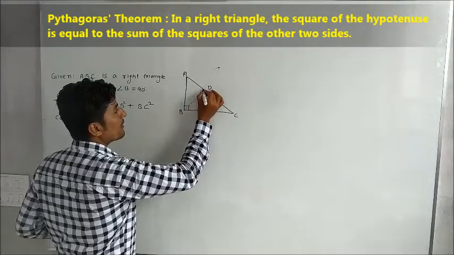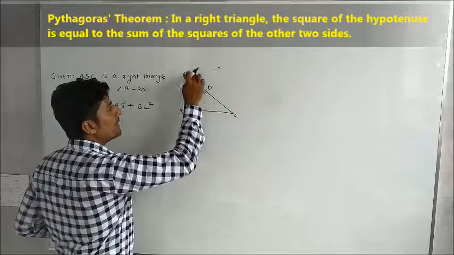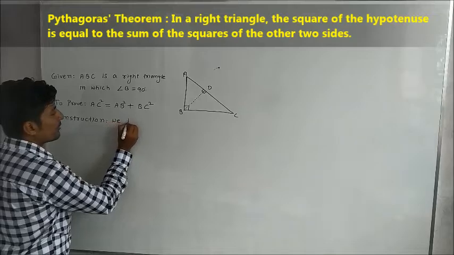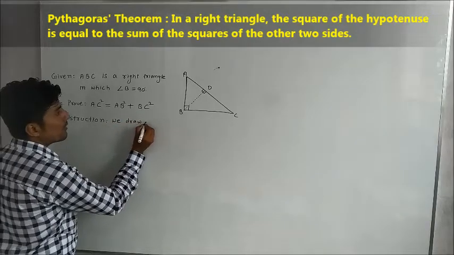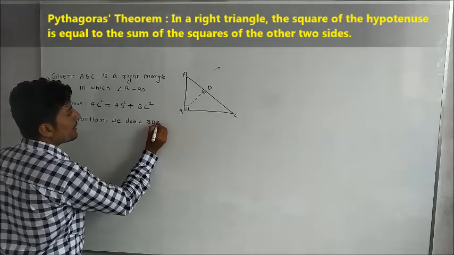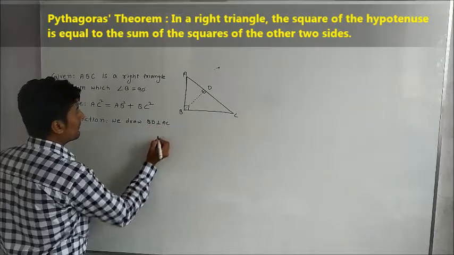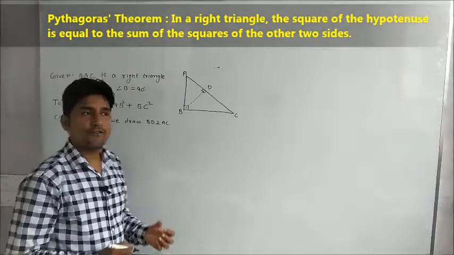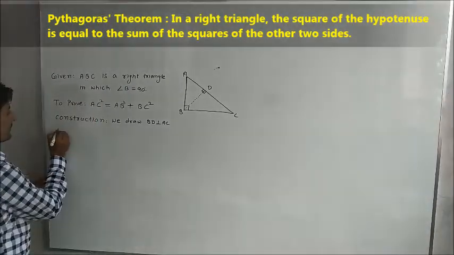Suppose we have drawn a perpendicular BD on side AC. So we have to write here, we draw BD perpendicular on AC.